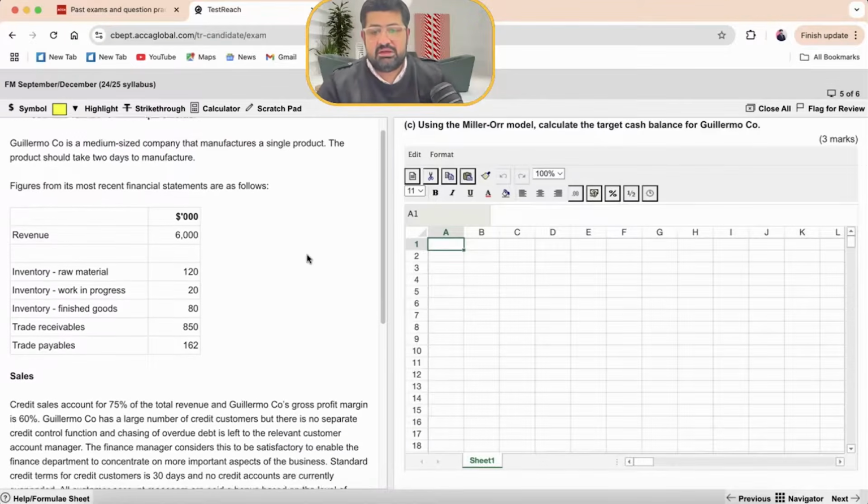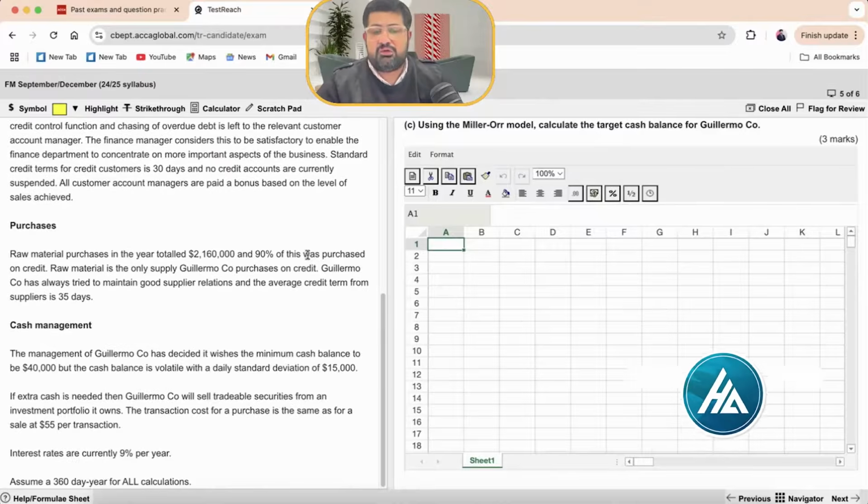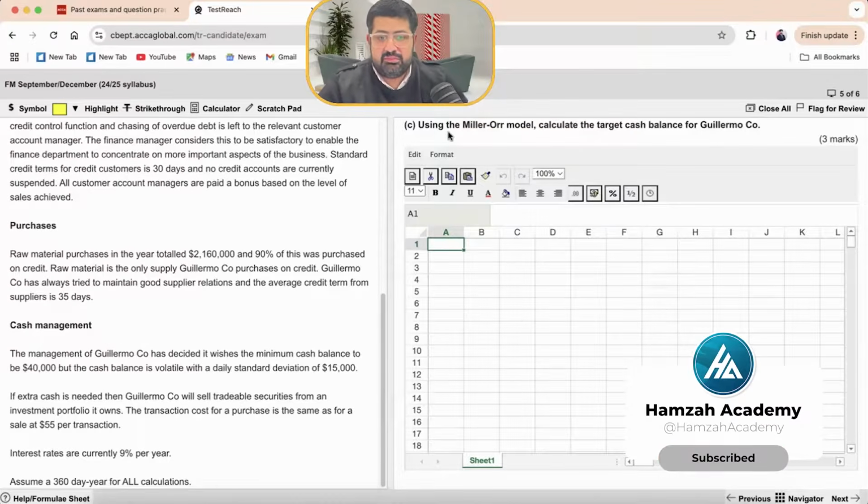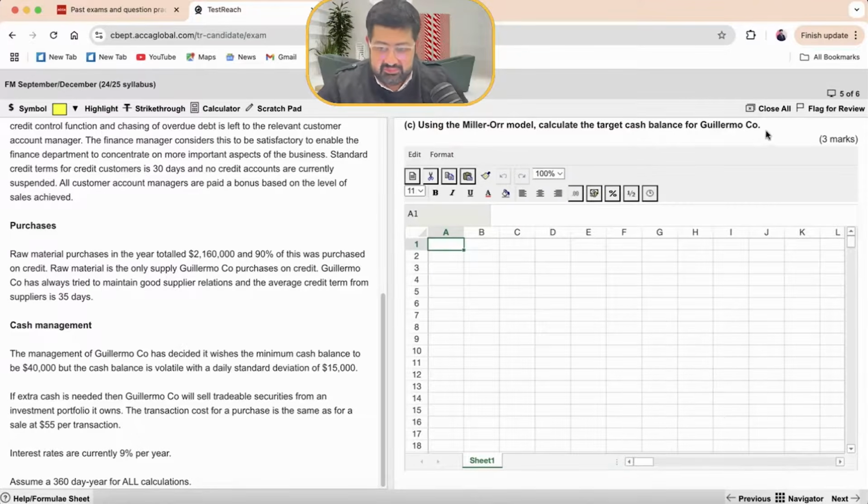Now, the next part of the question is on the cash management. Using the Miller-Orr model, calculate the target cash balance for Guilmero company. 3 marks. So the management of Guilmero has decided it wishes the minimum cash balance to be 440,000, but the cash balance is volatile with a daily standard deviation of 15,000.